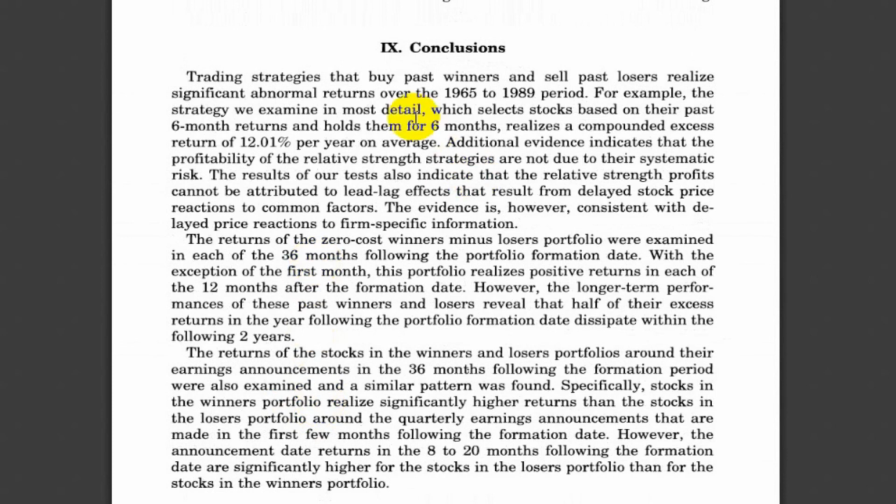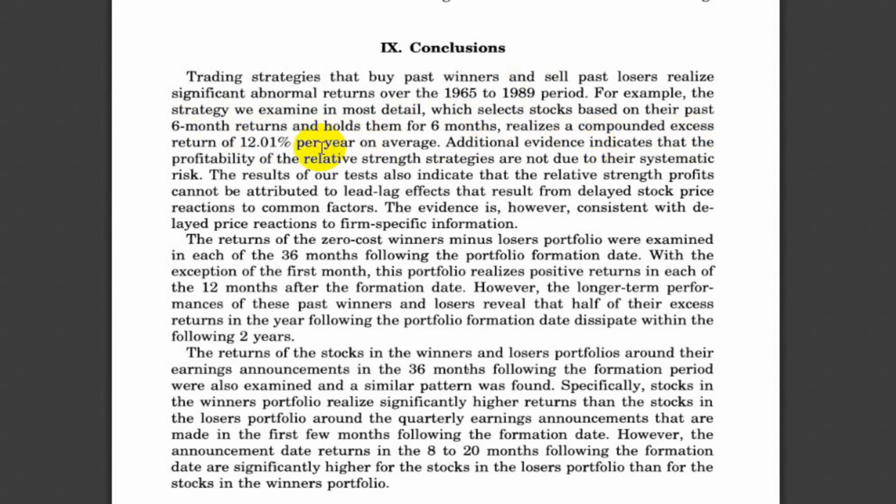To sum this up, a strategy of buying past winners and selling past losers significantly outperforms over the period 1965 to 1989, and specifically the strategy where we use the 6-month formation period and a 6-month holding period realized an excess return of 12%.